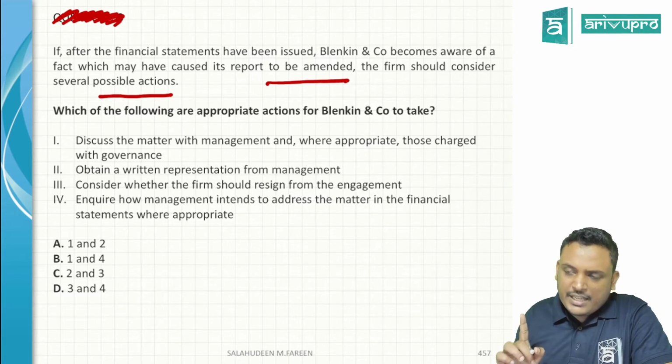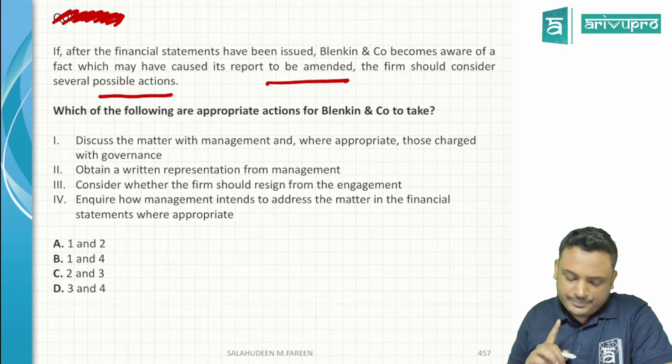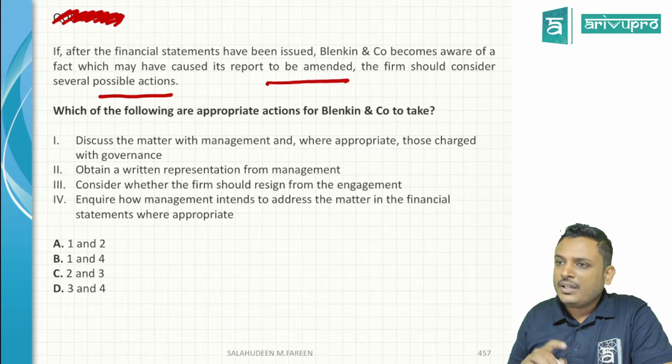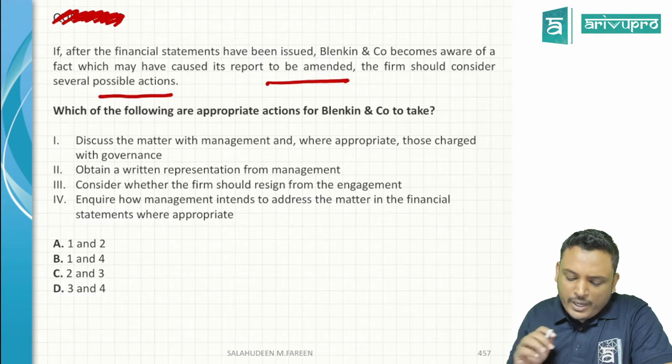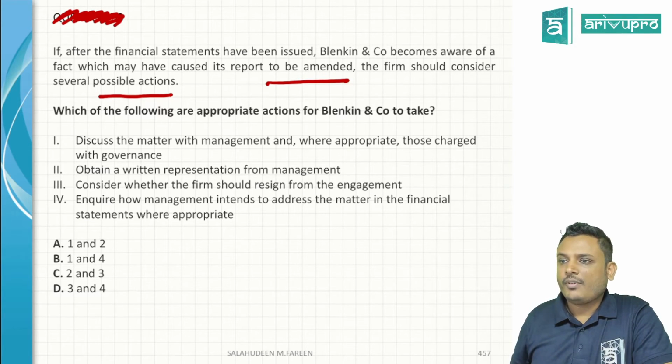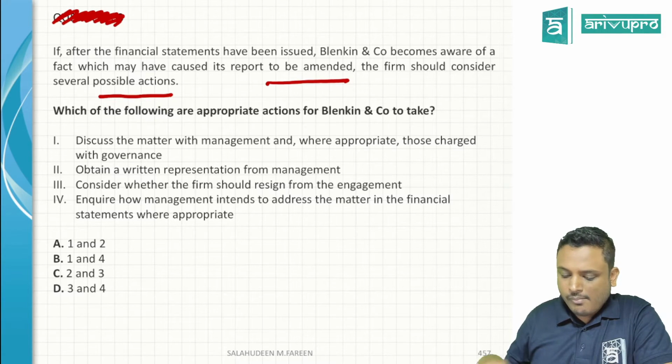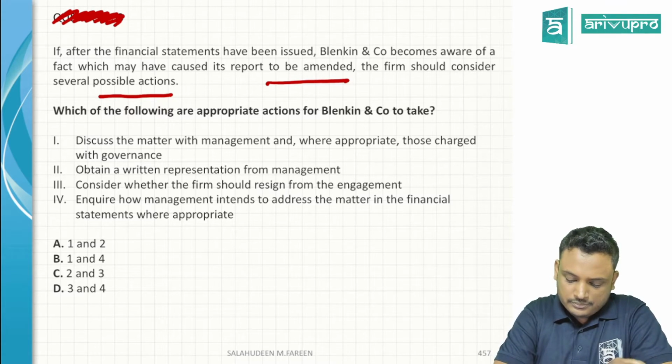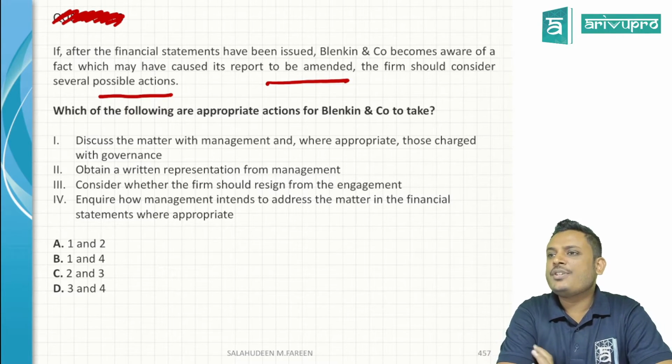Obtain written representation from management. Another procedure. Consider whether the firm should resign from the engagement. Another procedure. Enquire about management's intent to address the matter in the financial statement where appropriate. What is the answer? Which of the following are appropriate actions, procedures?